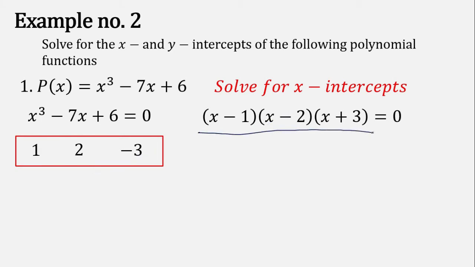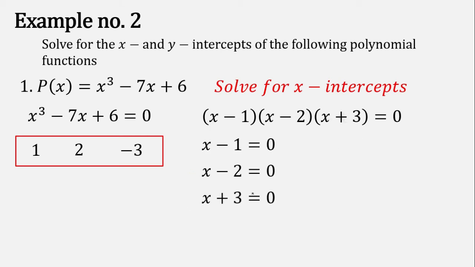Now, if you multiply it, you will get the product of this. So it is the same. If we equate each factor to 0, then we will get the values of x.